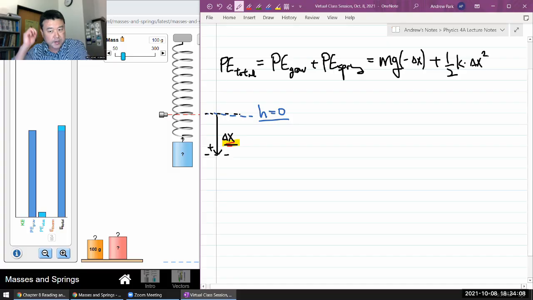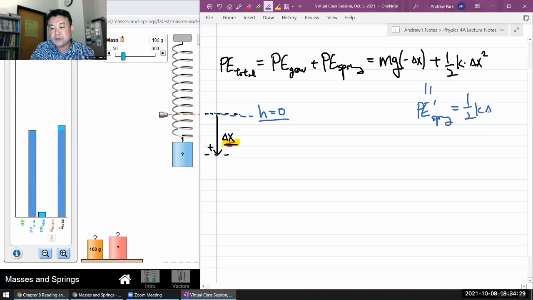And if you're just looking at this, you might think, that looks nothing like a spring potential energy. So if I'm somehow trying to say, oh, this is some kind of a new spring force, well, this has to take some kind of form of 1/2 k delta x squared. It needs to have this term. And what I see here right now, it looks nothing like this. So, okay.